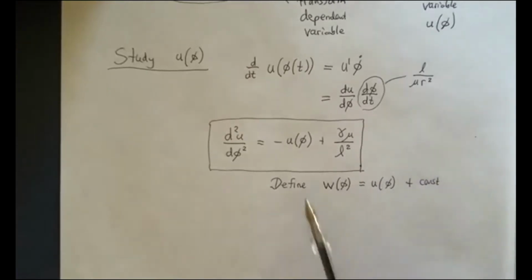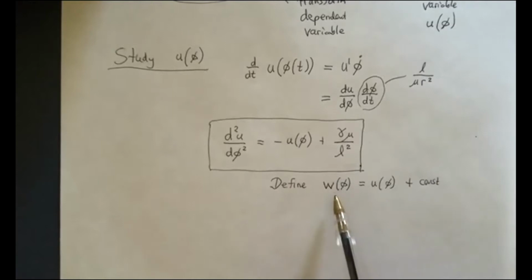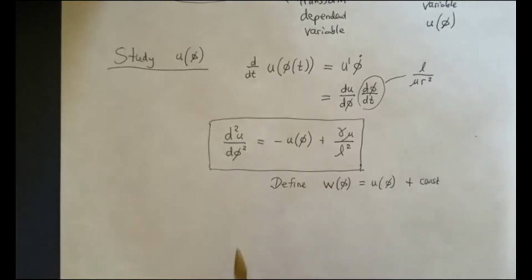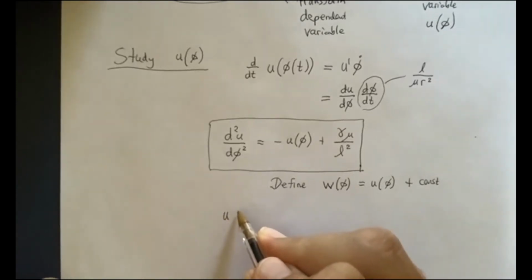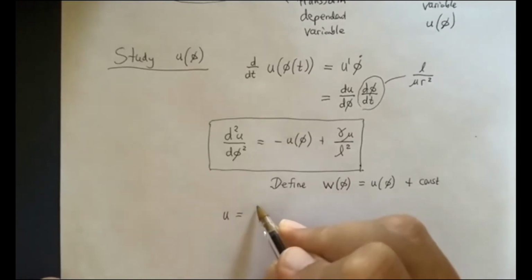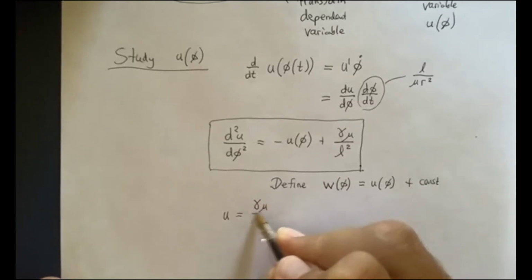Okay, so you're simply shifting by a constant, so you can absorb this constant into the new function w, and then the equation for w truly is a simple harmonic oscillator kind of equation. Okay, so the upshot is that this u, which is the reciprocal of r, is gamma mu over L squared.